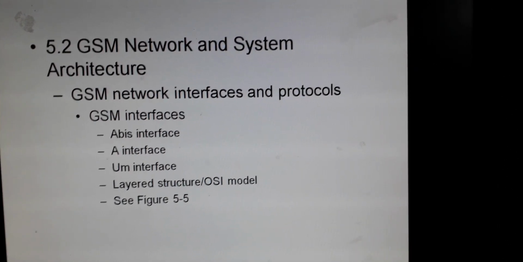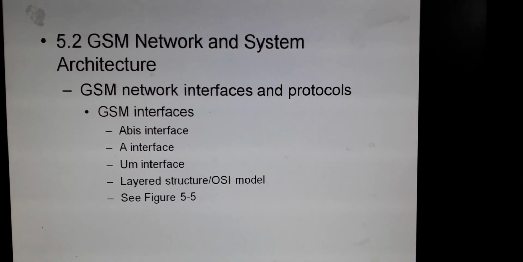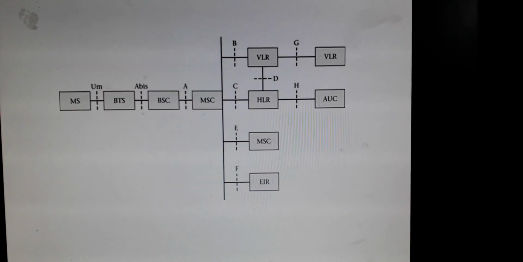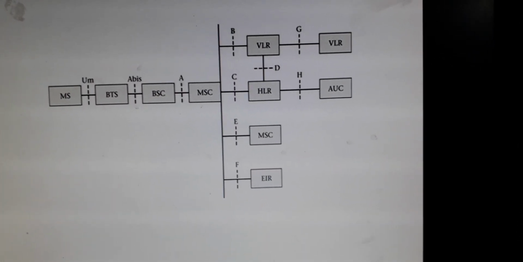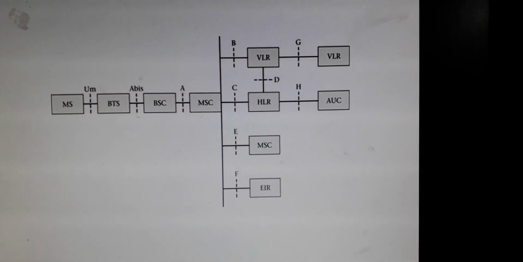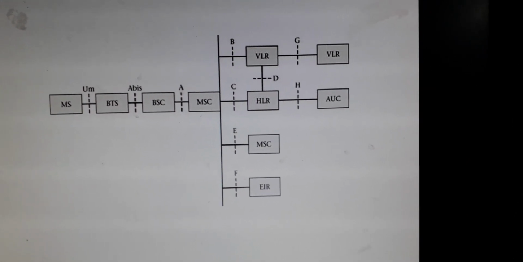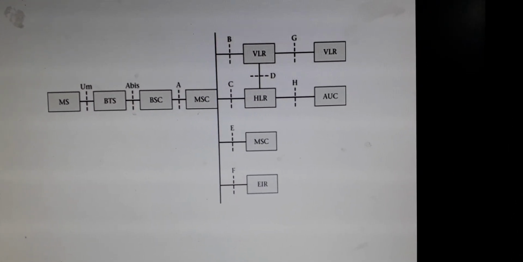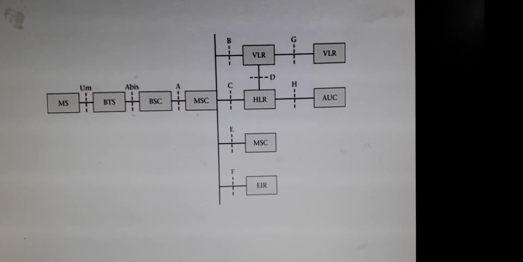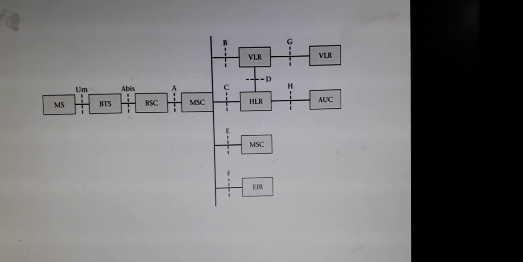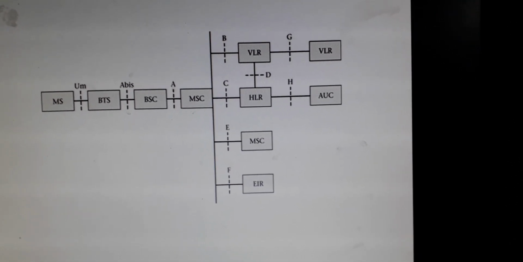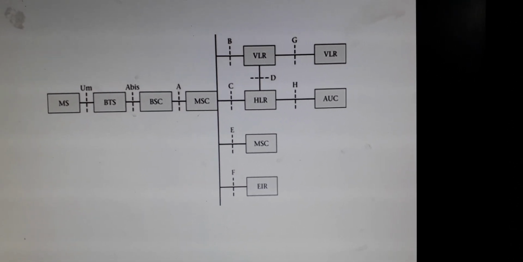When you look at the interfaces between the components, the Um interface is the only wireless interface, and all other interfaces may be wireless or wired. For example, the C interface, which connects MSC and HLR, may be an optical fiber link or may be wireless.